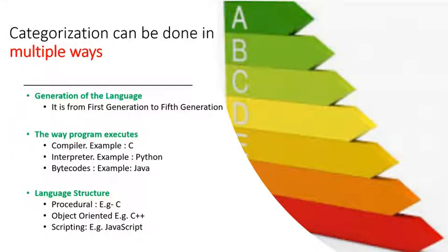That way of writing a program is object oriented. It is a little bit advanced concept, but inside the object oriented language we again have procedural instructions. Third comes the scripting language, which is also a programming language, but the way it is executed is a little bit different. You will understand this later when you go into programming.